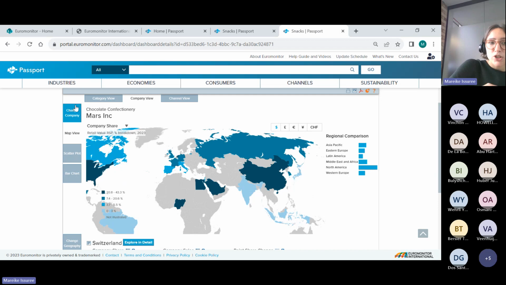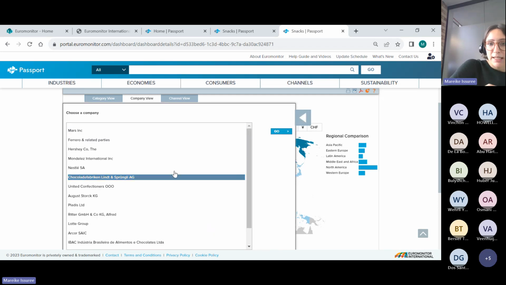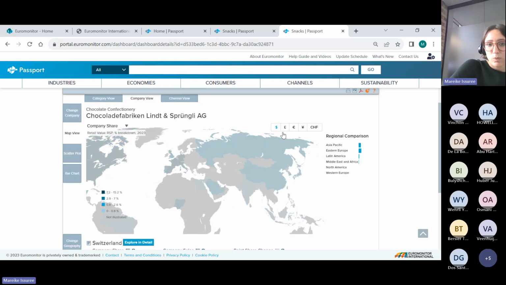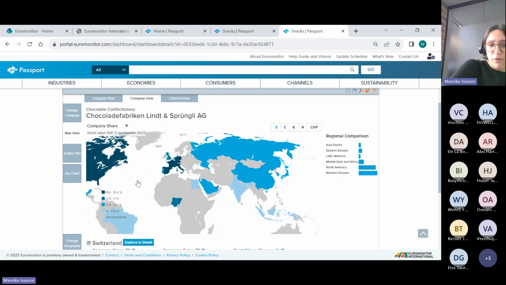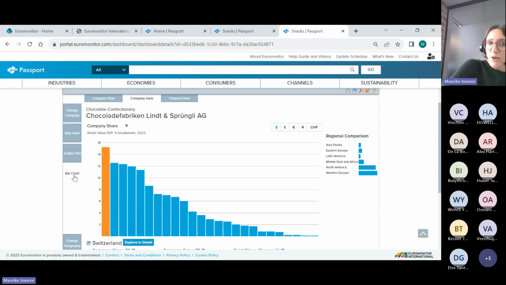We can also change the company and look at any other globally operating company like Lindt and Prestat. Here we have Lindt's company shares across the countries that you can dive into. And again, we could look at the bar chart to rank all the countries. So Lindt has the largest share in Switzerland, followed by Italy, and then France.